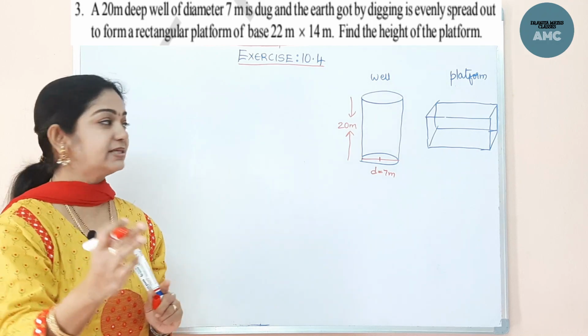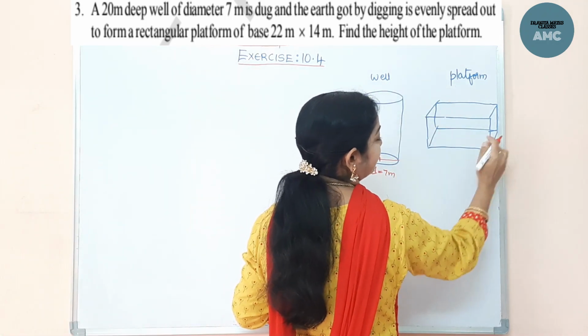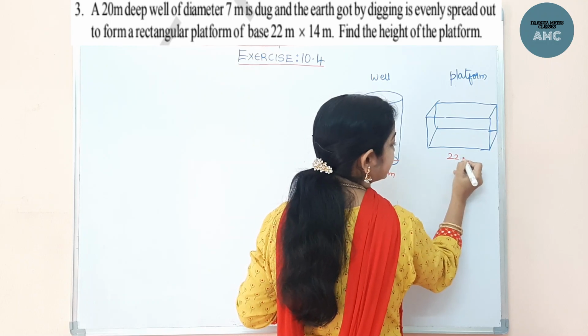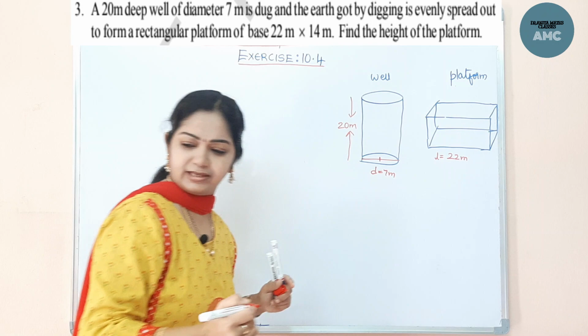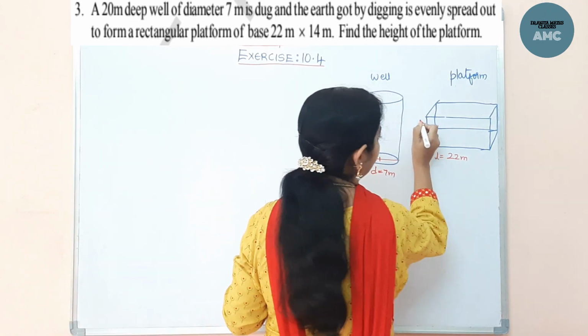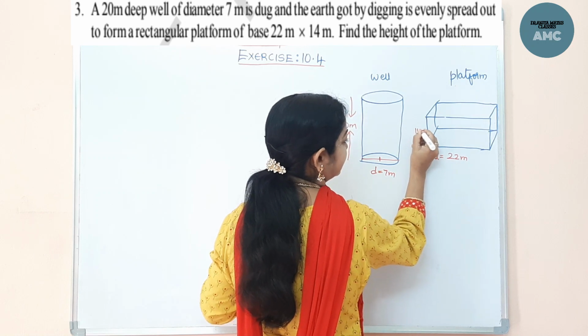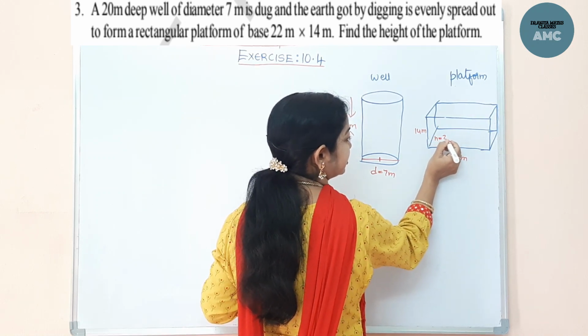This mud is placed in the form of a rectangular platform wherein we have the length as 22 meters, and also the breadth given as 14 meters. Now let us suppose this as 14, but we have to find the height here, h.